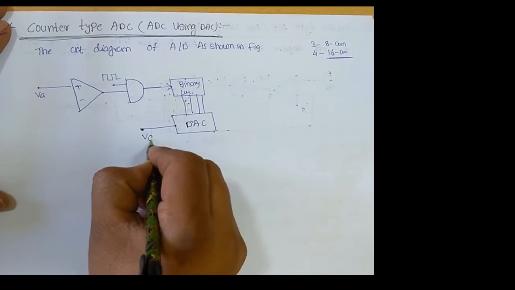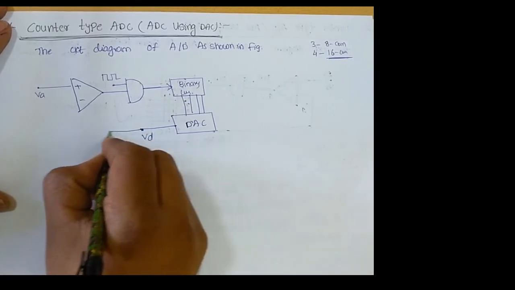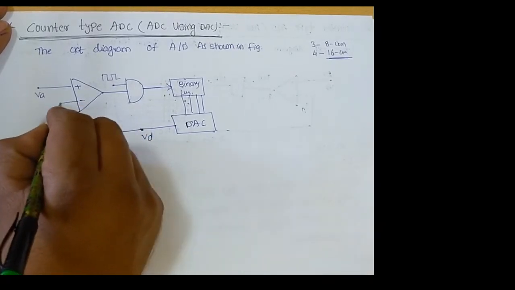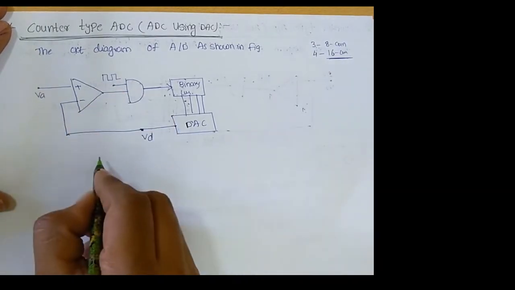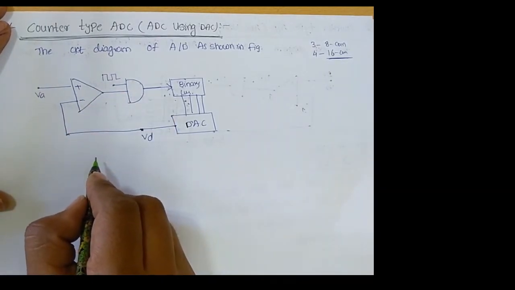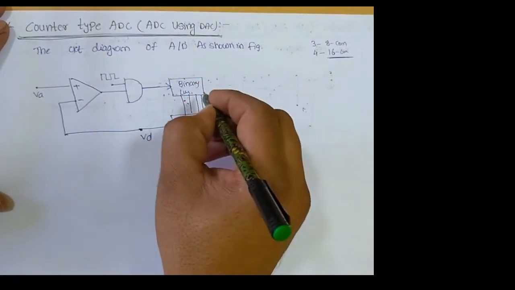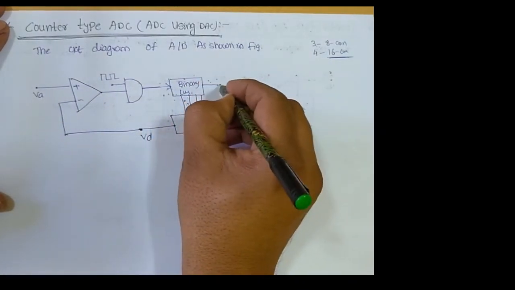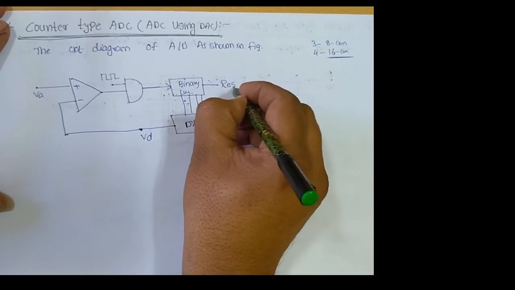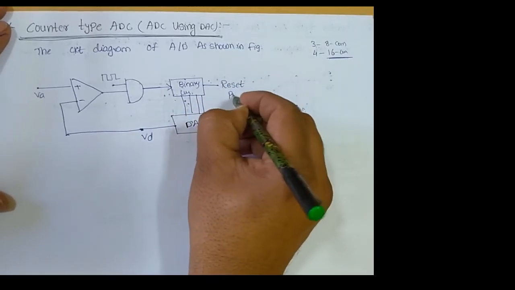We assume that analog output as VD, and this output signal is given to the inverting terminal of the comparator circuit. Here we need to reset the binary counter by using the reset pulse.